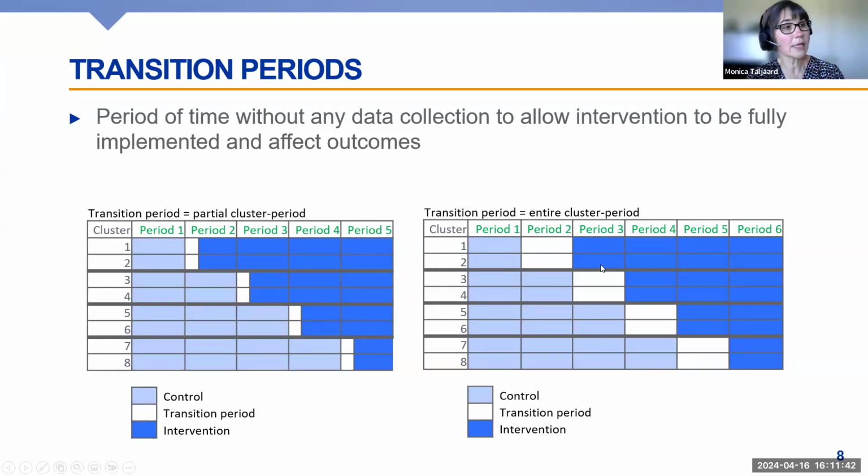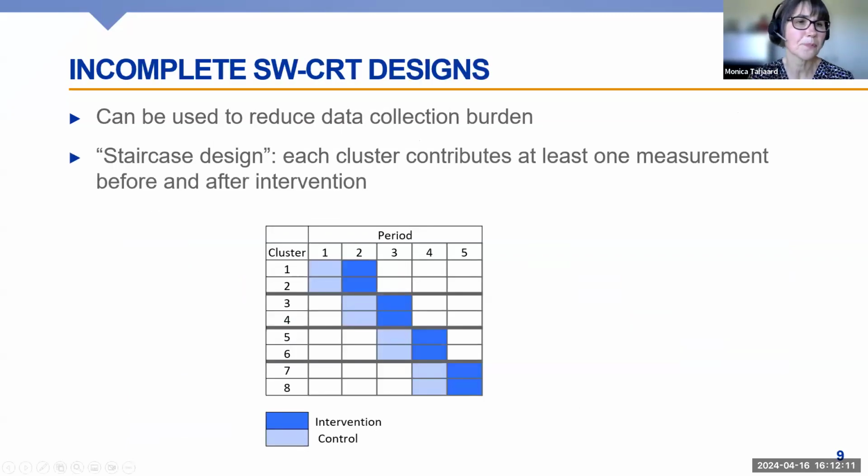And coincidentally, these periods where the intervention is implemented are actually the most valuable for the power of the trial. In fact, it's the period immediately before and in the very first implementation of the trial. Those are the most powerful, typically, in a stepped wedge design. So it's definitely important, if you're planning an implementation period, to account for that in your power calculation.